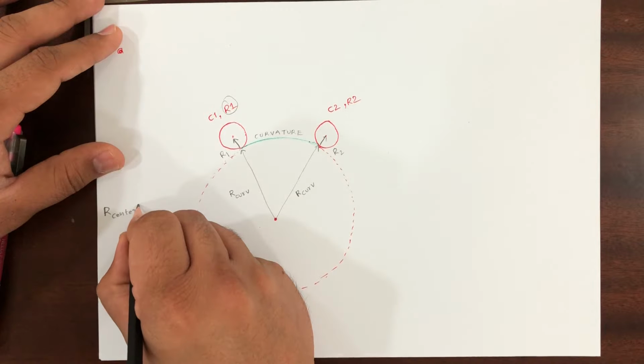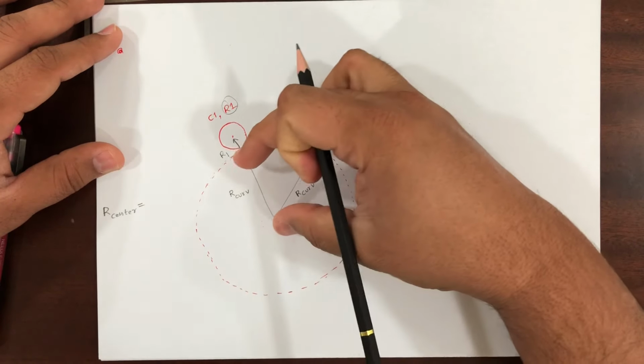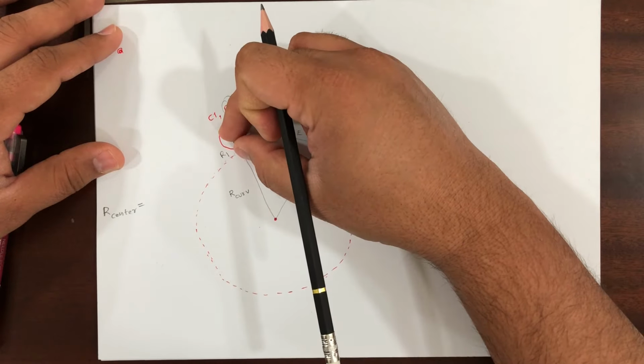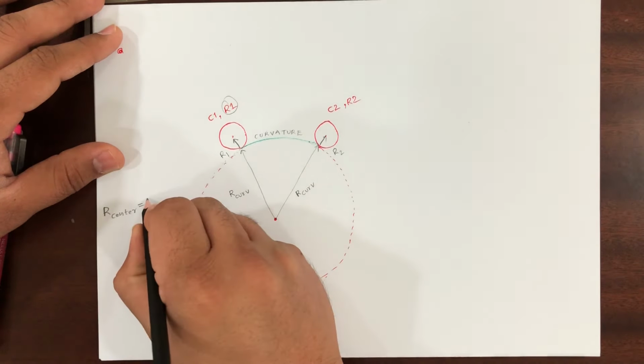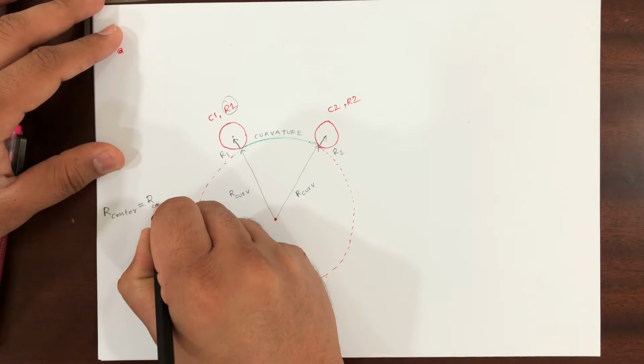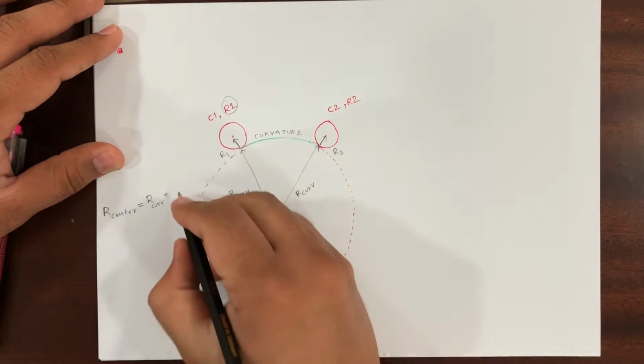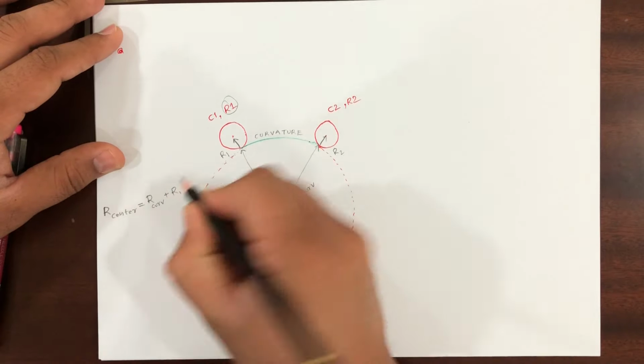So R center is equal to how much? R curve plus R1.